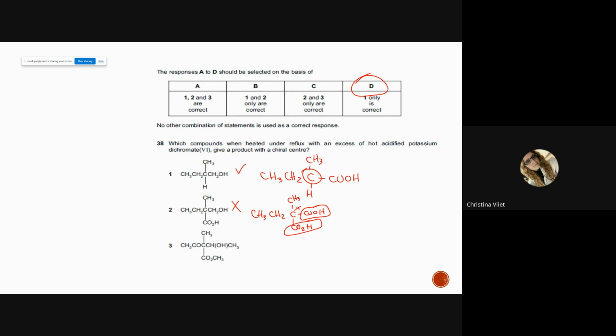So, you've got CH3, C, ketone, C, ester, right? We're going to esters next class. What's CHOH? What type of alcohol is that? CHOH is secondary. So, if it's CHOH, CH3, what happens to these 2 hydrogens?